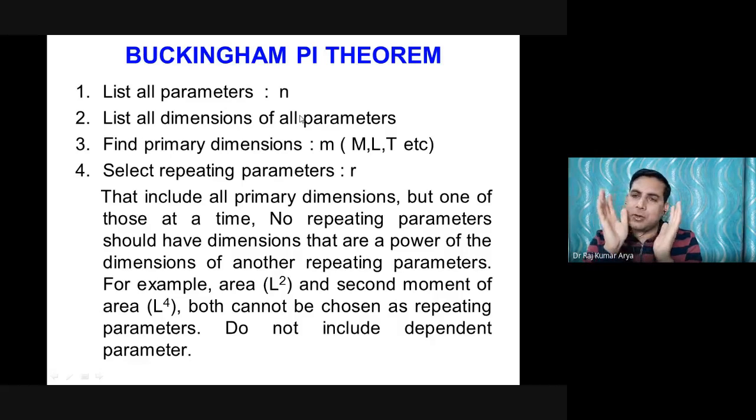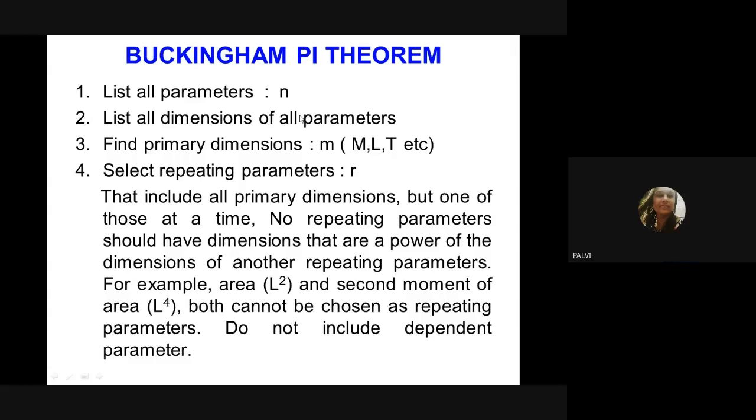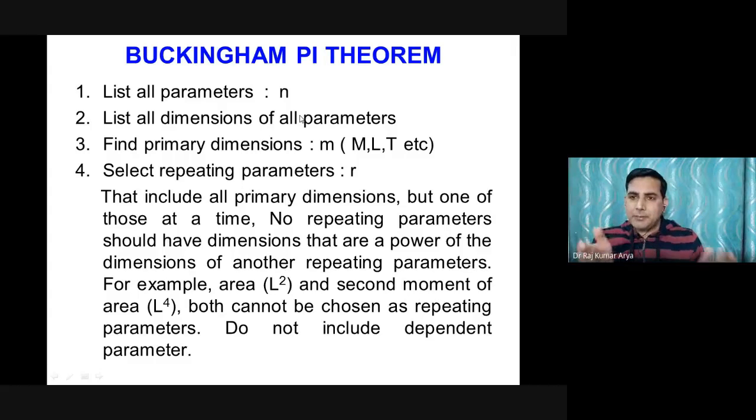First you list all the parameters, then you write all their primary dimensions, then you group them, which can be clubbed together. Once you call something a fundamental quantity, the other is called a derived quantity. Derived quantities are combinations of the fundamental ones, correct? Yes, sir. Right. The same type of analysis is given by this Buckingham pi theorem.